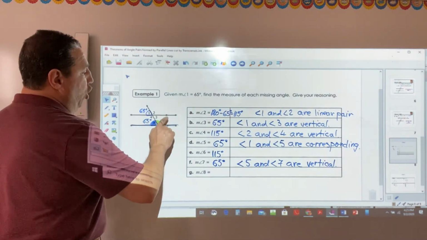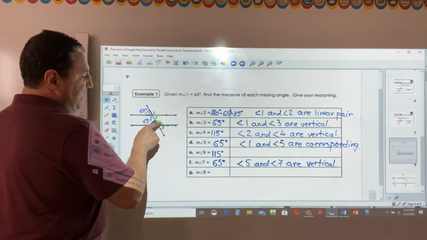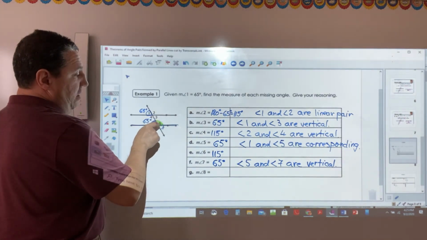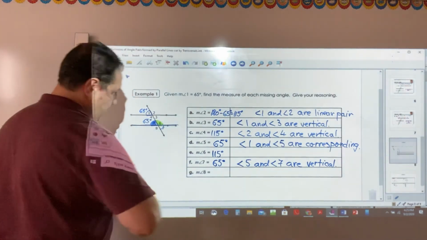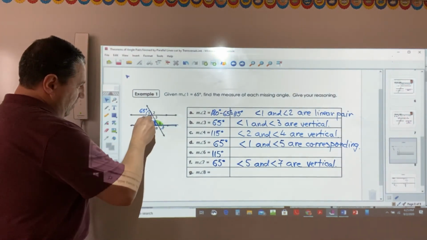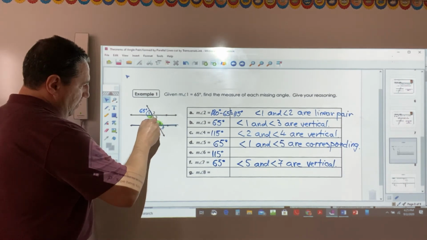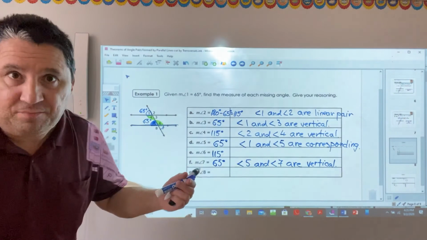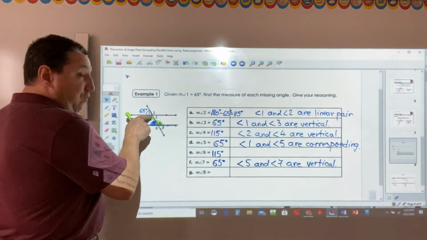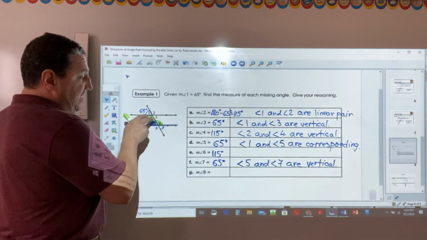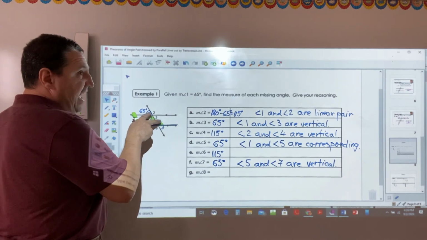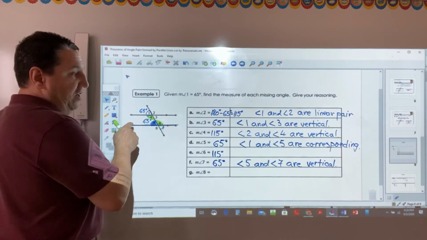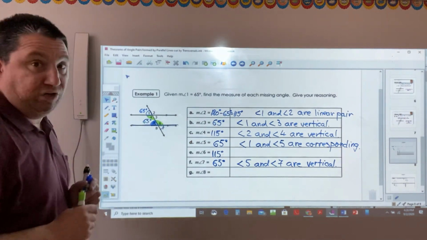What other option may we have here? We can look at angles 6 and angle 4. Angle 4 and angle 6 are alternate interior, right? So, they have the same measure, and the measure of angle 4 equals 115.